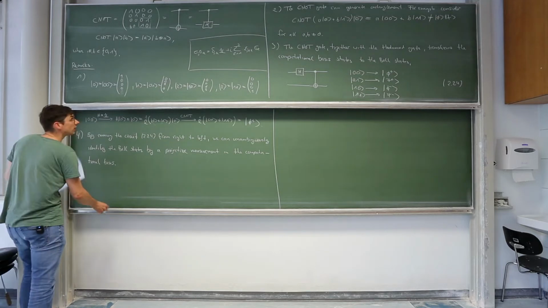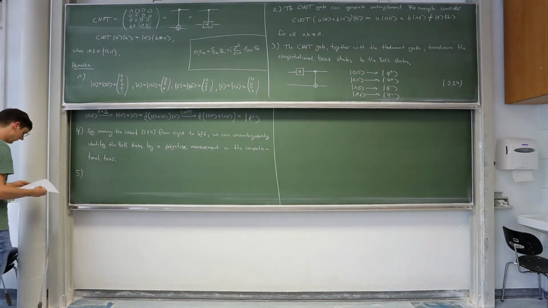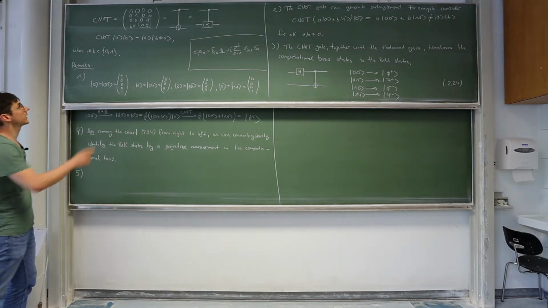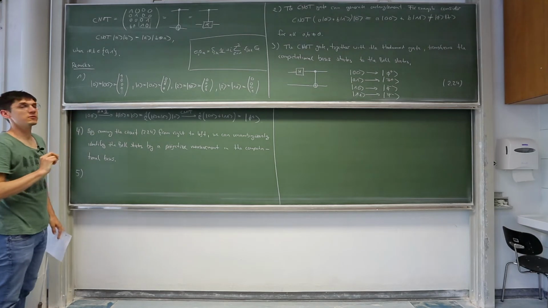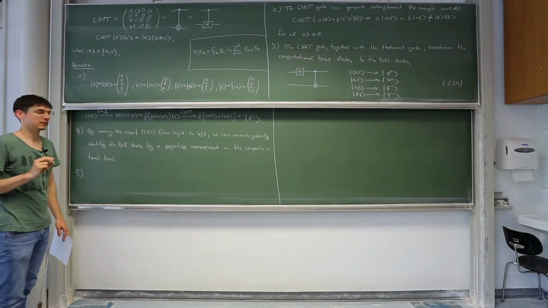Okay, then our remark number 5 is: how do I get now a CNOT-gate with a control on the second qubit instead.